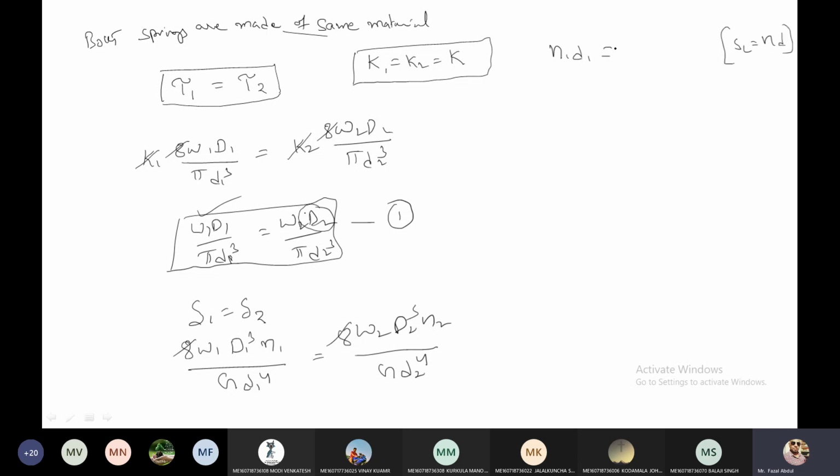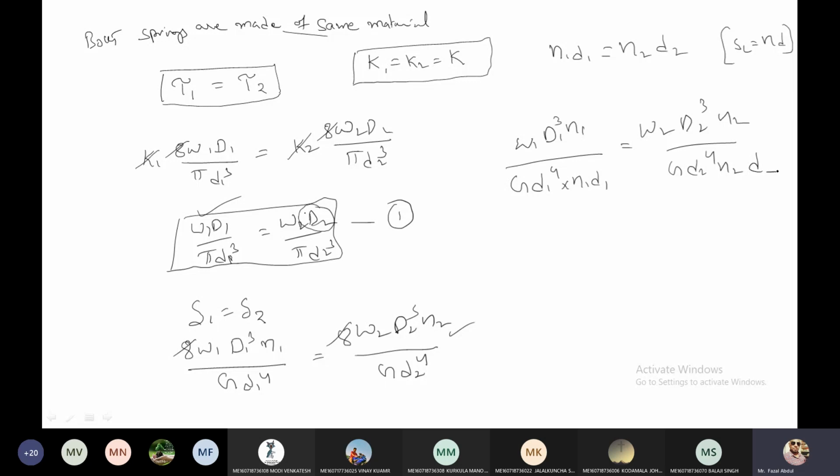After total compression, the first spring and second spring are both totally compressed, so the solid length for both springs is the same. So W1 into D1 cube into N1 by G D1 power 4 into N1 D1 equals W2 into D2 cube into N2 by G D2 power 4 into N2 D2.